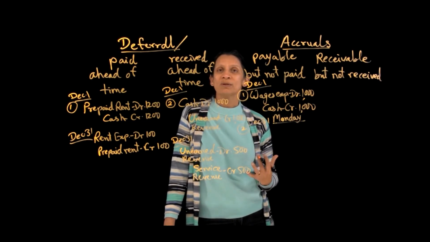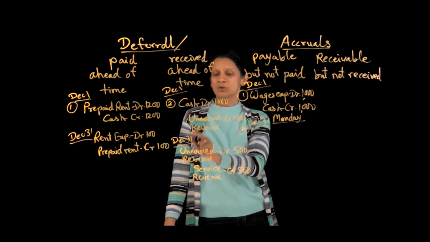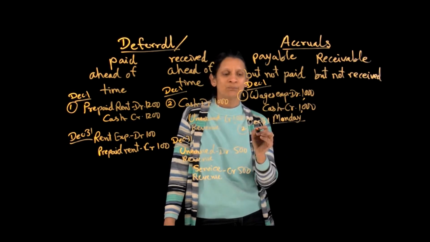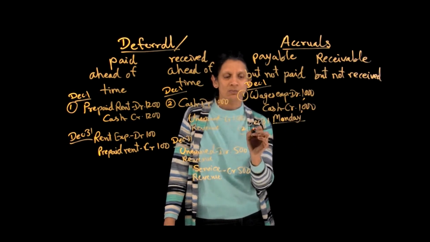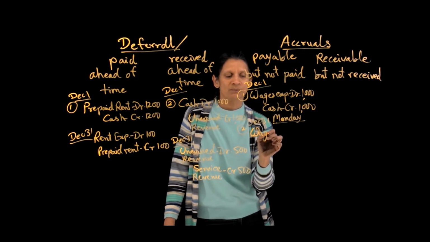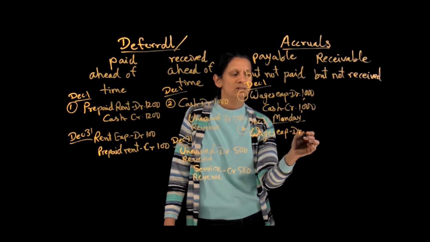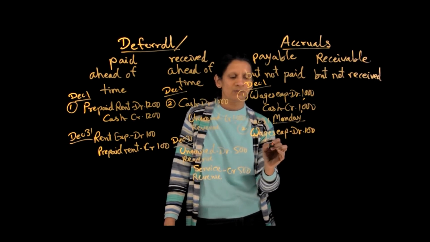So I need to reflect the fact that the expenses which are related to the revenue that I earned have been incurred. So I will be debiting the same expense account which I had debited before. Wages expense will be debited with a further, say, $100 for Monday wages.